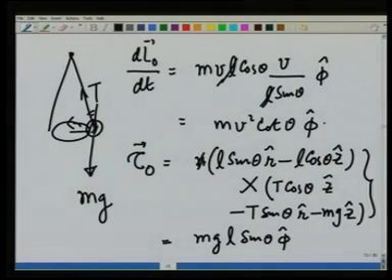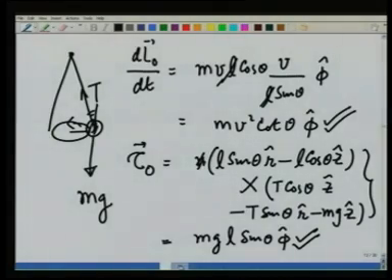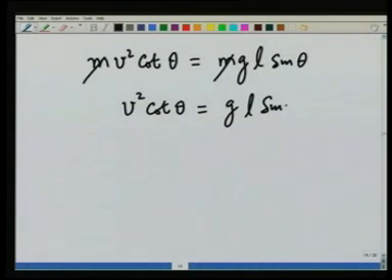So what we learn now is that this quantity, which is dL by dt, and this quantity, which is the torque about O, must be the same, and therefore we get m v square cotangent theta is equal to m g L sine theta, both in the phi direction. m drops out, and therefore we get v square cotangent theta equals g L sine theta.